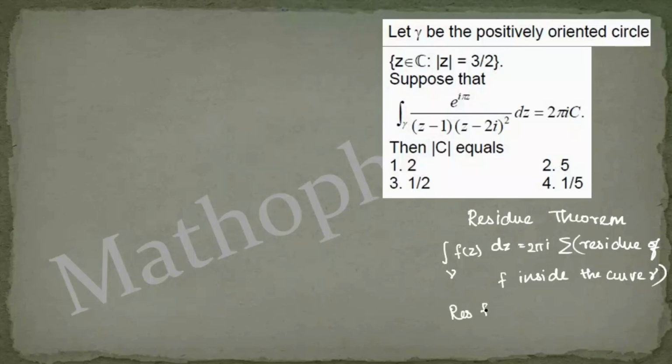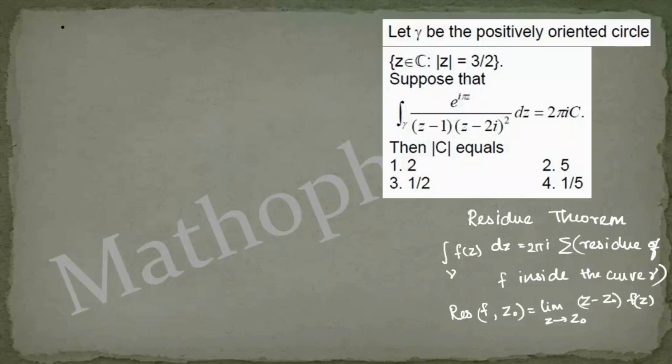And the residue of f at the point z0 is equal to the limit z tends to z0 of (z minus z0) times f of z. So we are going to use this formula.